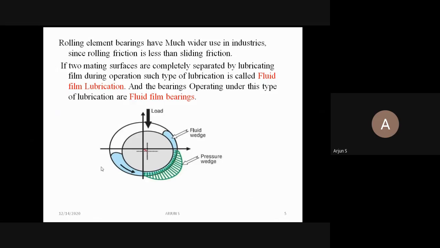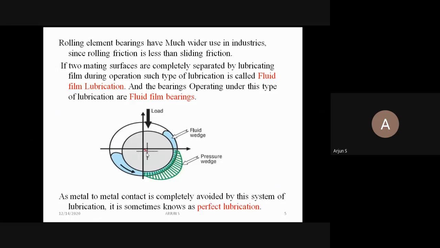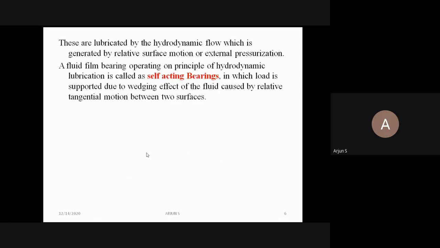A fluid film bearing operating on the principles of hydrodynamic lubrication, which is supported by its own motion, is called hydrodynamic lubrication, and such a bearing is also called a self-acting bearing. In self-acting bearings, the load is supported due to the wedging effect of the fluid caused by the relative tangential motion between the two surfaces.